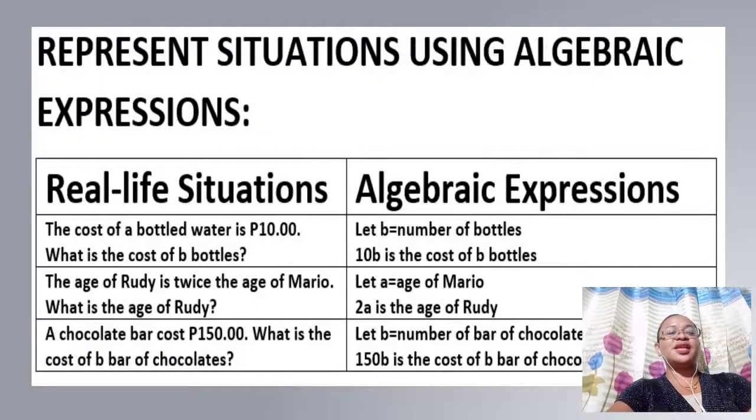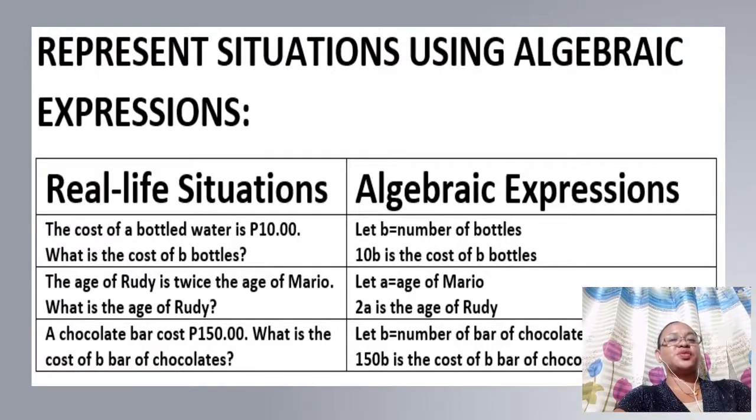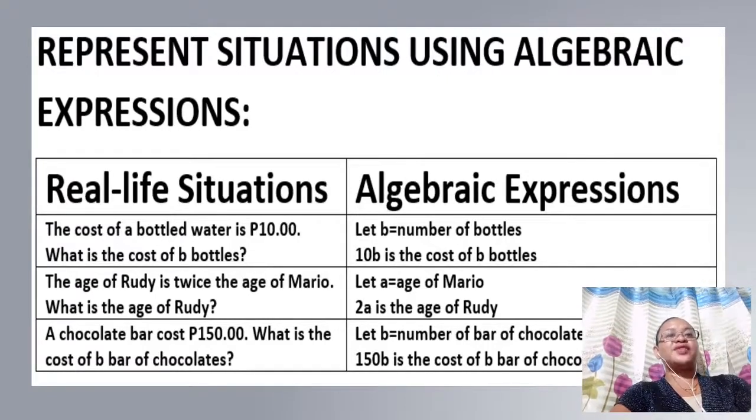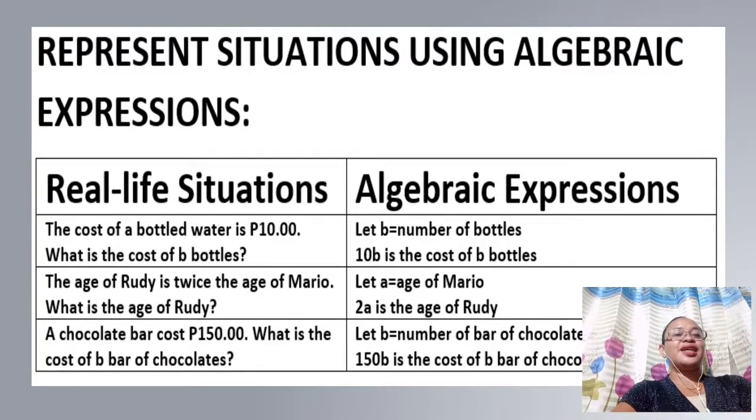Okay, let's proceed. We will represent real life situations using algebraic expressions. So here we have the cost of a bottled water is 10 pesos. What is the cost of B bottles? When we have a variable, that means it is a value that could change. So it has varied values.